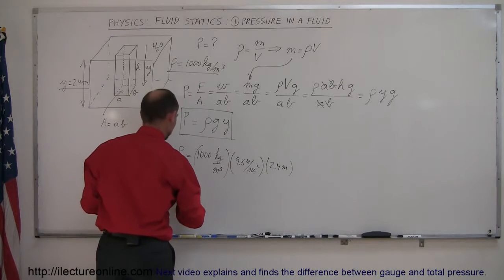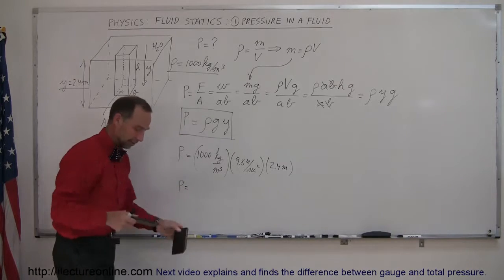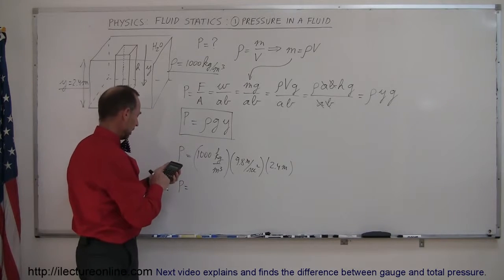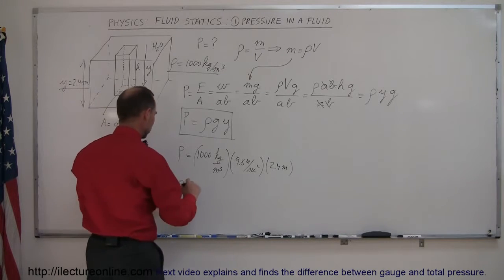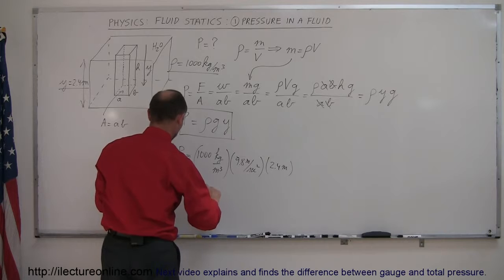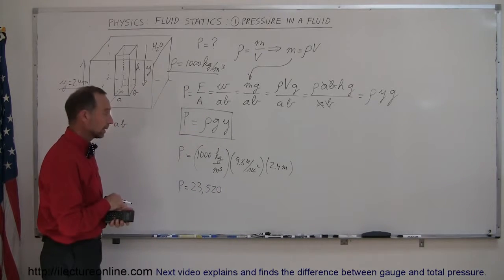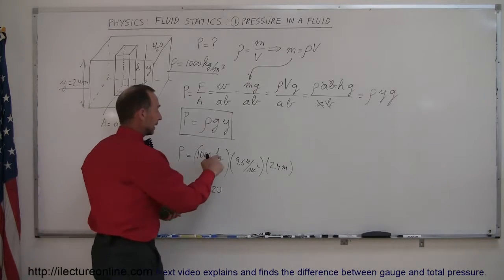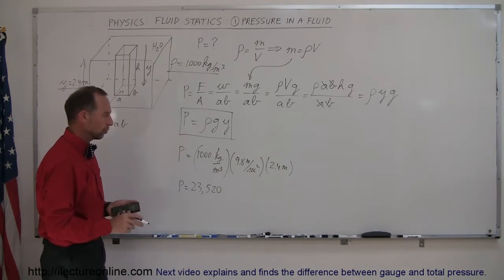And notice then that the pressure is going to be, and let me grab my calculator, 1,000 times 9.8 times 2.4, and we get 23,520. Now what are the units? Well, kilograms meters per second squared, that's the units of force, that's newtons.